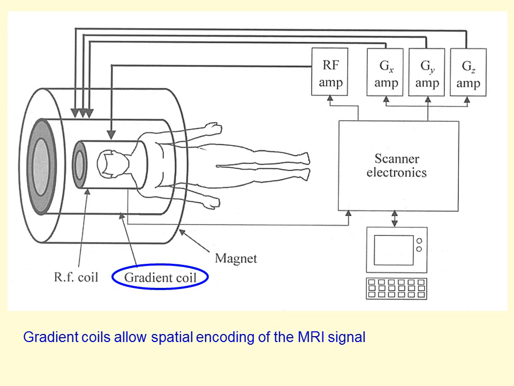So how the gradient coil works is that it's able to modify that homogeneous magnetic field B0 to make it no longer homogeneous.